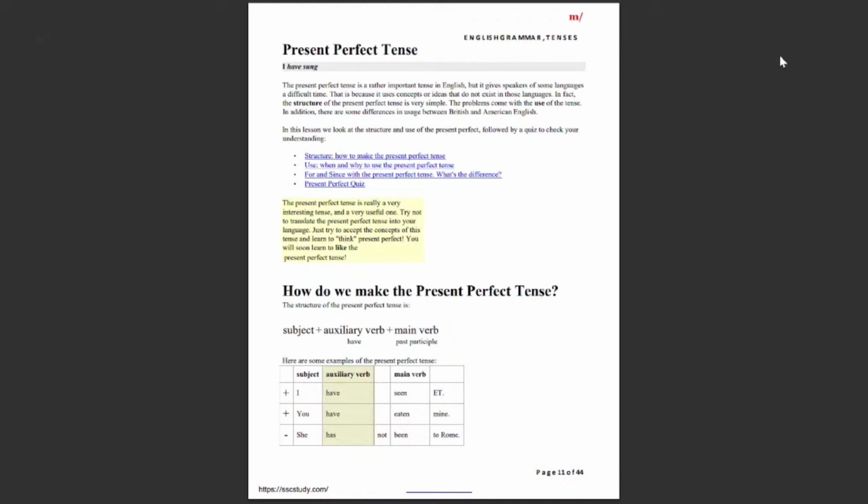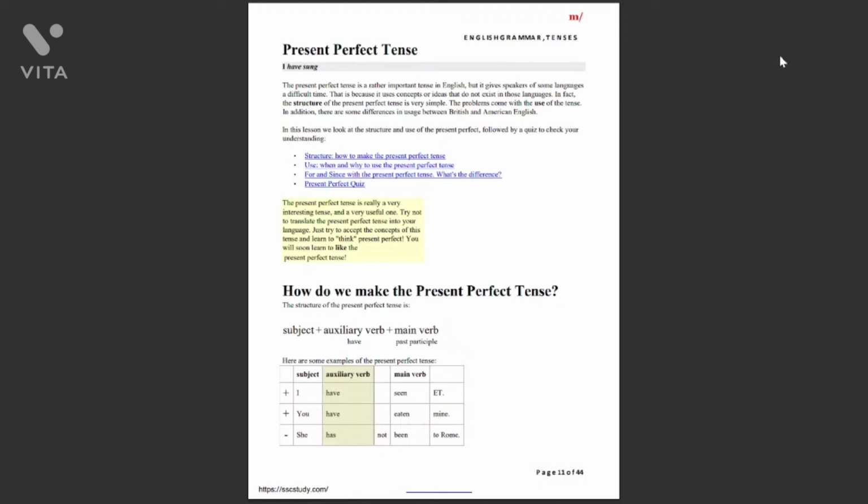So what is the present perfect tense? It is a rather important tense in English, but it gives speakers of some languages a difficult time. That is because it uses concepts or ideas that do not exist in those languages.